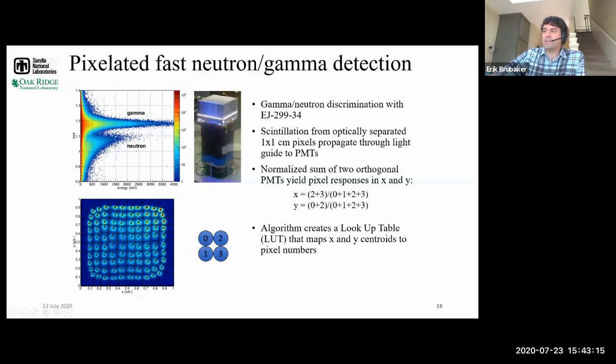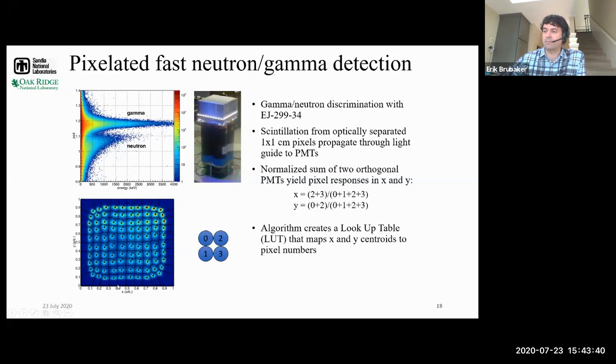Those pixels are 5 centimeters thick, and they're read out with Anger logic by 4 PMTs. So the light that's generated by an event in one of these scintillator pixels bounces up through a light guide, spreads out to impinge on all 4 of those PMTs, but with different ratios of how much light reaches the different PMTs depending on the pixel.